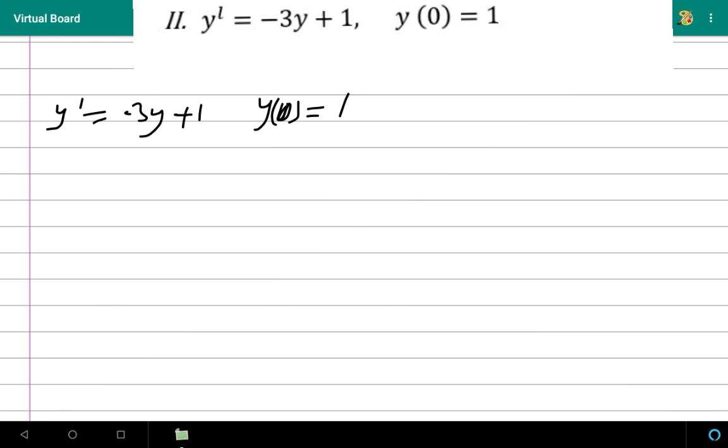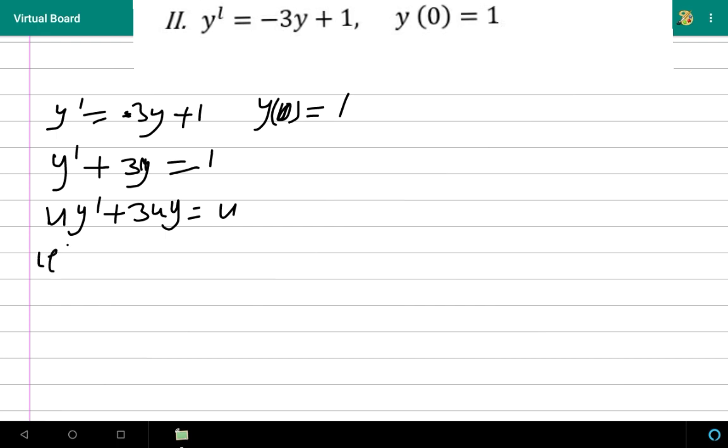So therefore, I group like terms like we have been doing. So this is negative 3y, coming here will be positive, and this is equal to 1. Multiplying by the integrating factor u, so I have 3u y to be equal to u, okay, and then let 3u be equal to u prime.